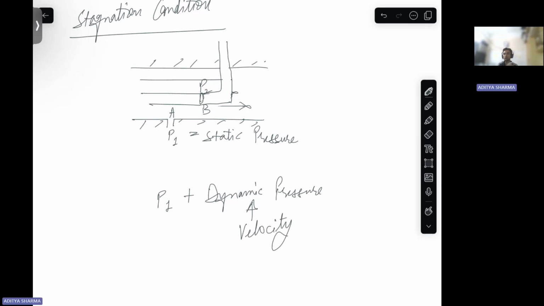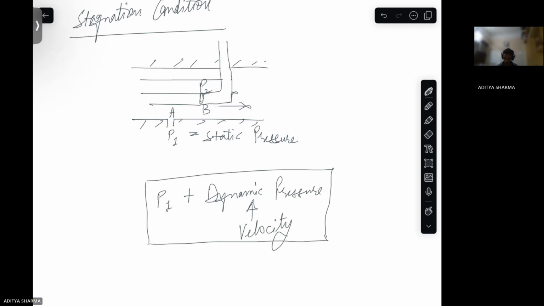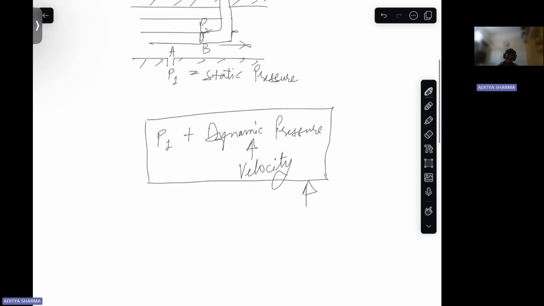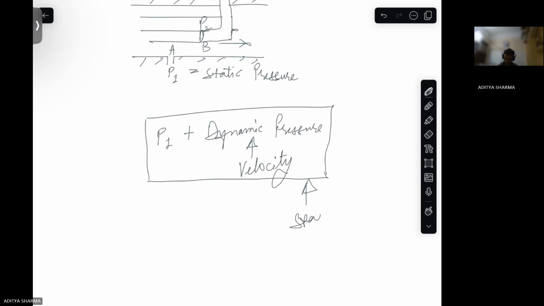Because of the velocity of the flow, you'll have some pressure. So this is your dynamic pressure. And these two, when combined, give us what? Stagnation pressure. This basically is the stagnation pressure.